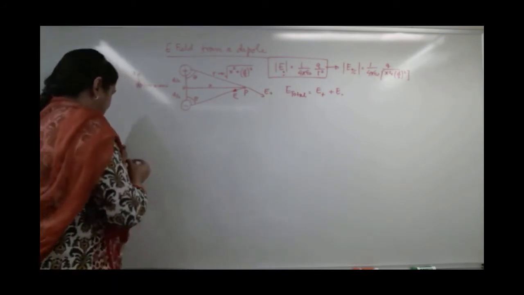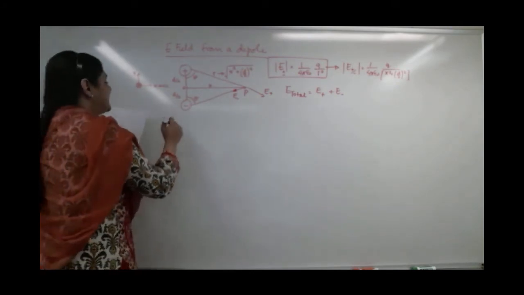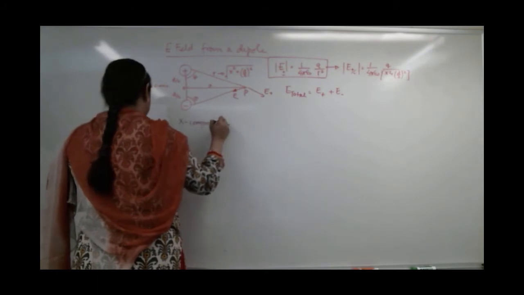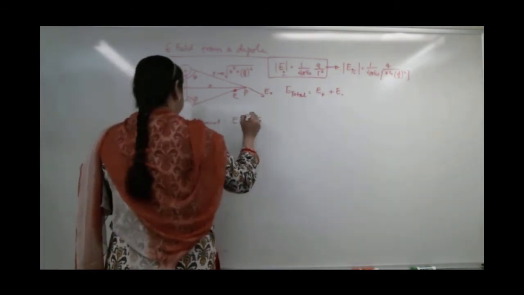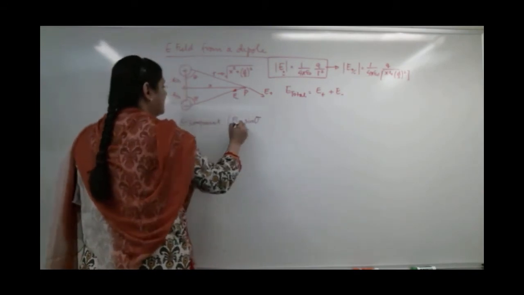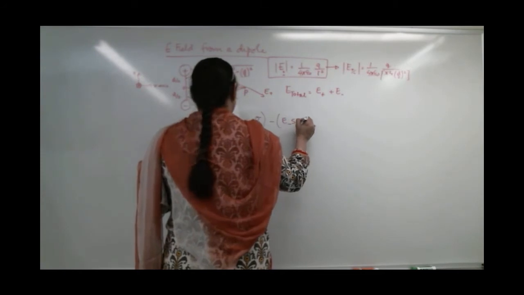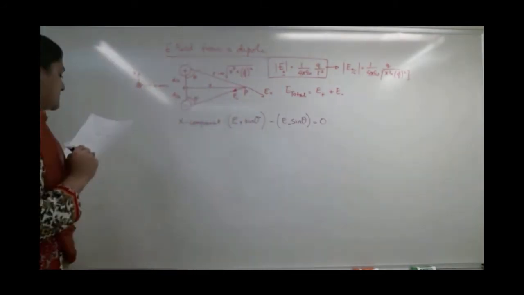Now let's figure out what is actually going on. For the x component, E plus sine theta and E minus sine theta cancel and equal 0. So the x component goes away.